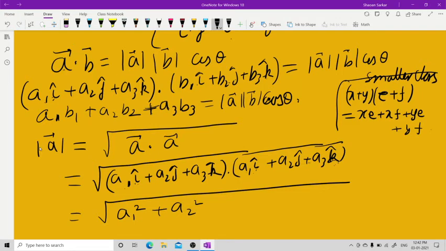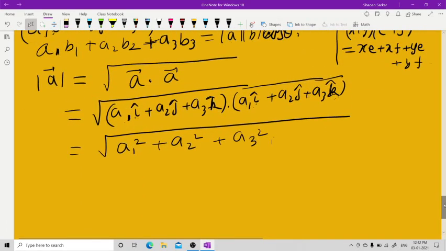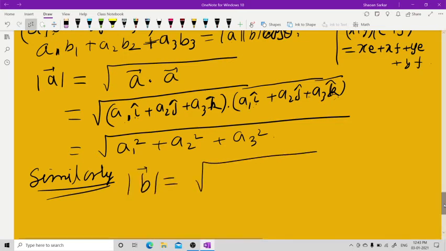A3 k cap with A3 k cap will give me A3 square. Similarly, for B vector, the magnitude will be B1 square plus B2 square plus B3 square. So this is how the scalar product will go.